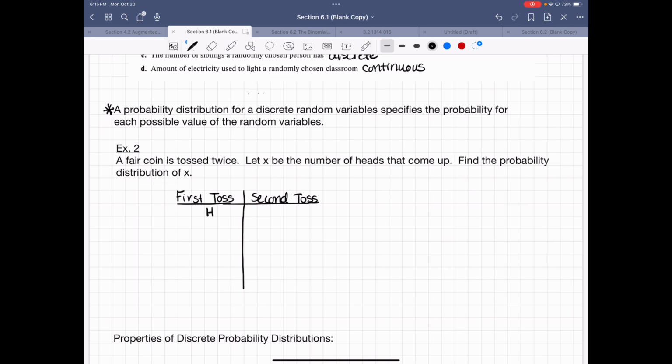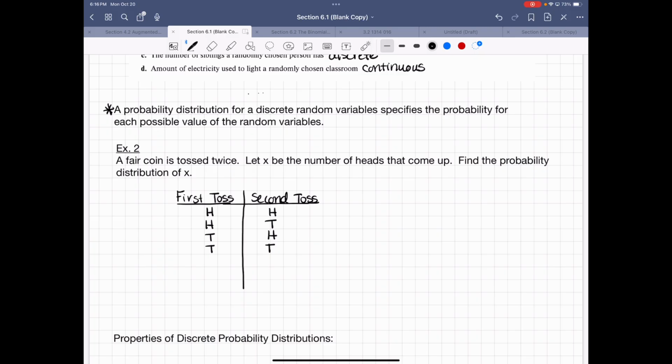And we could toss again for the second time and get another head, right? We could toss the first time and get a head. We could toss the second time and get a tail. Or we could toss the first time and get a tail, and the second time get a head. Or we could get a tail and a tail, right?